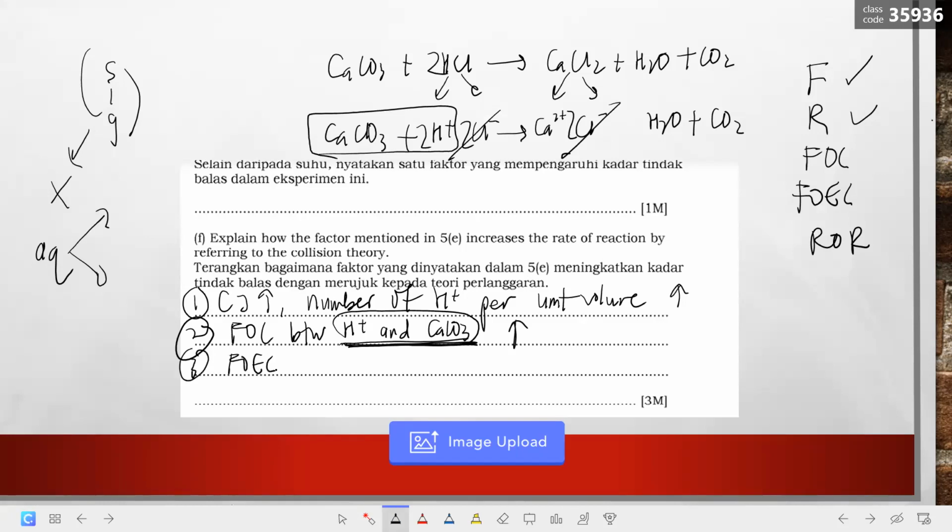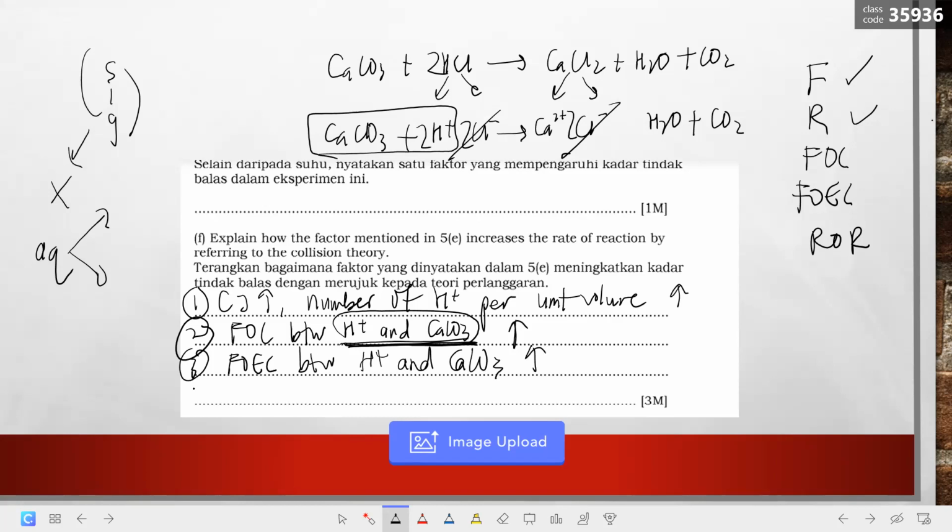Okay, frequency of effective collision. If Haris was here, what would he say for the next line? Copy paste. Yes, he will say copy paste. Okay, frequency of effective collision between hydrogen ions and calcium carbonate increases.